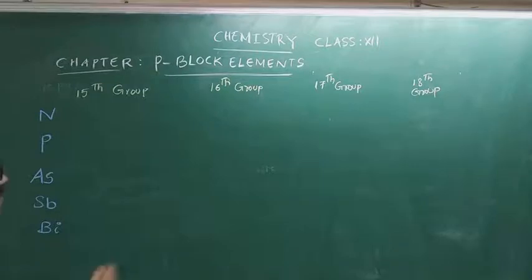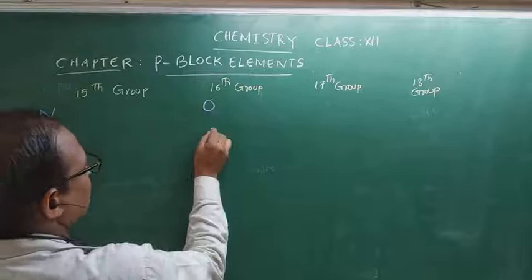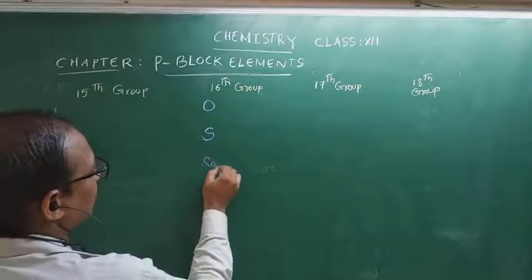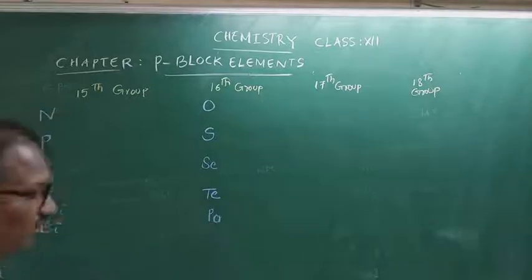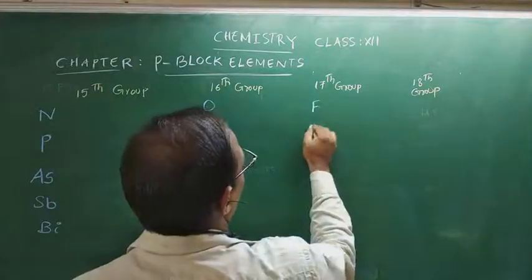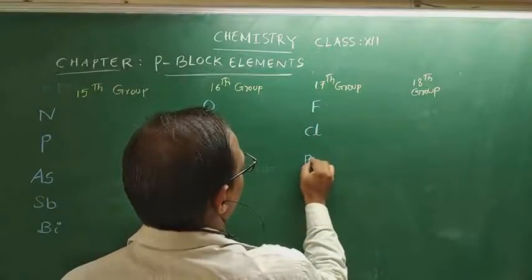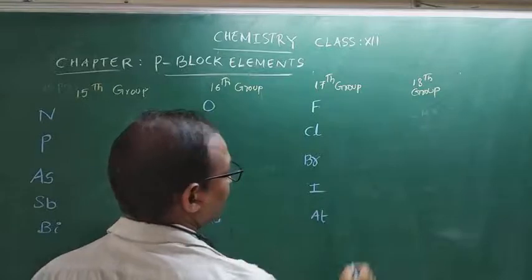Next, 16th group: oxygen, sulfur, selenium, tellurium, polonium. Next, 17th group elements: fluorine, chlorine, bromine, iodine and astatine.